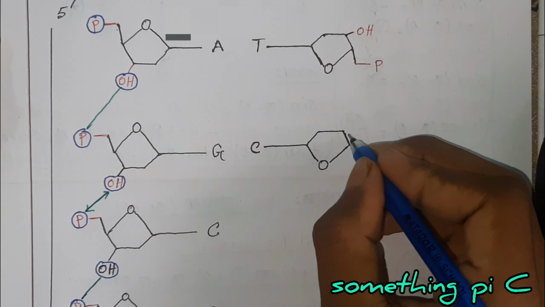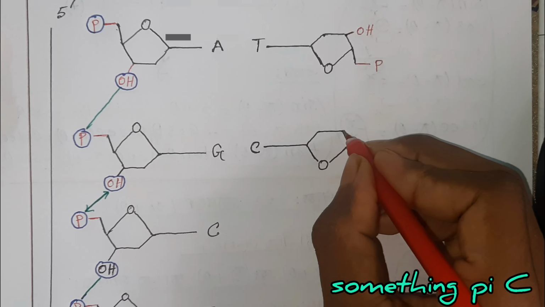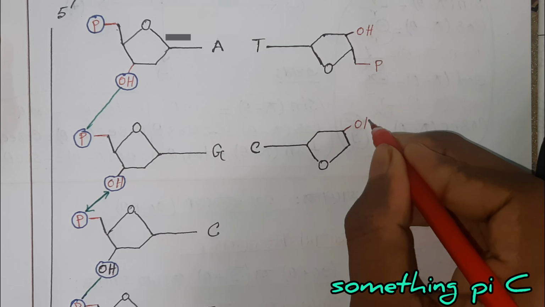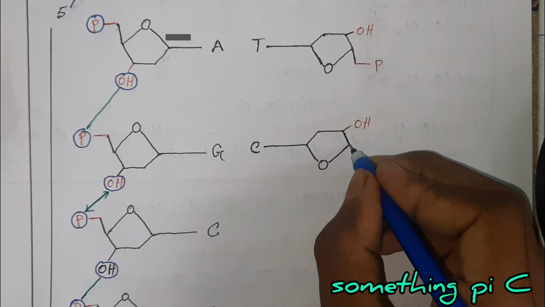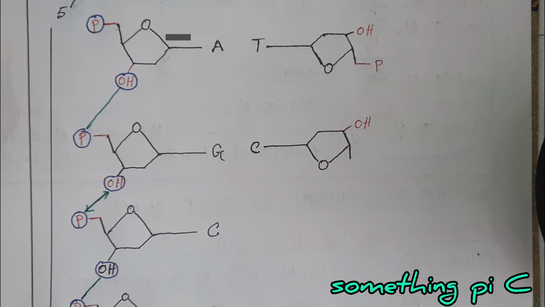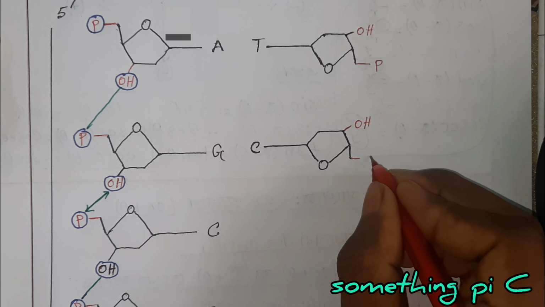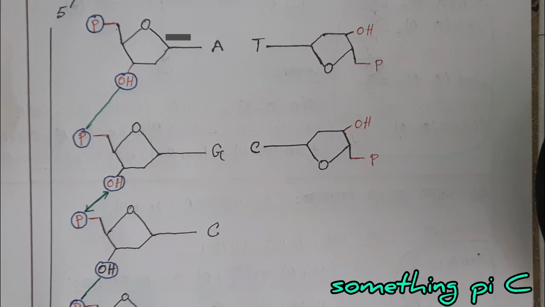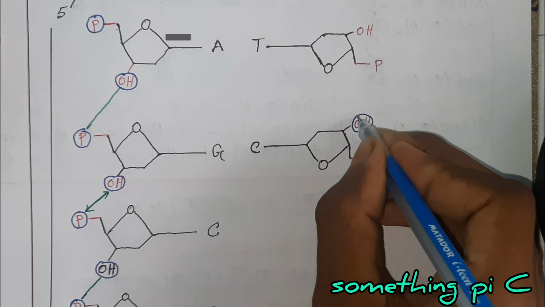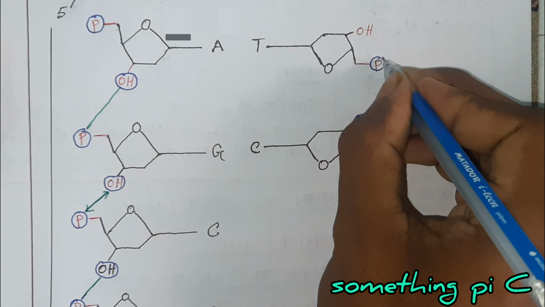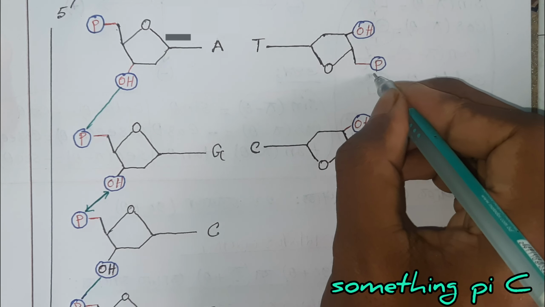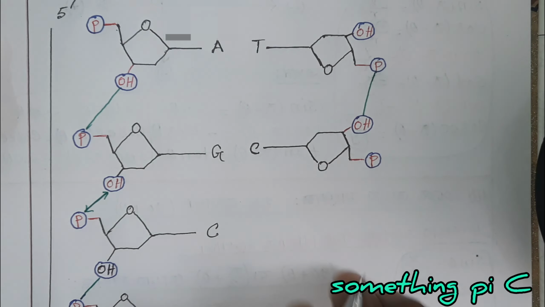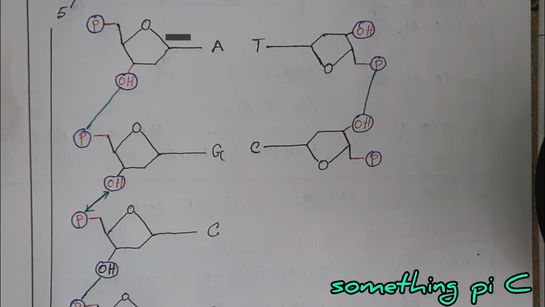We know DNA has 2 strands. This is one of them. Now we will draw the other strand of DNA. We know the 2 strands of DNA are located opposite to each other. So the nucleotides of the second strand will be opposite to the nucleotides of the first strand.